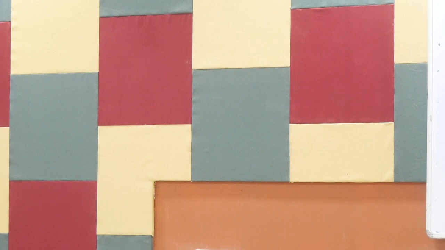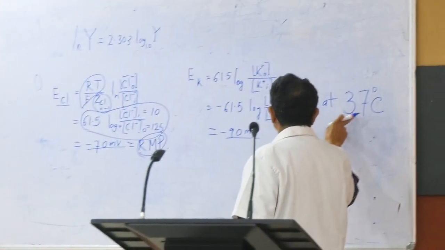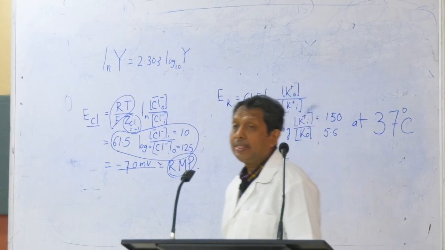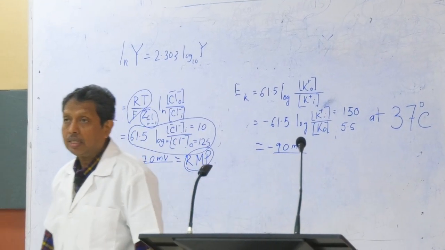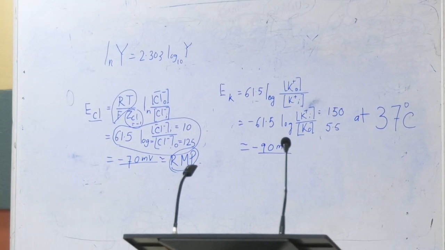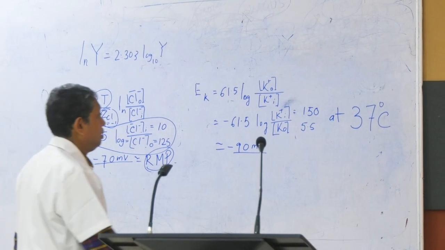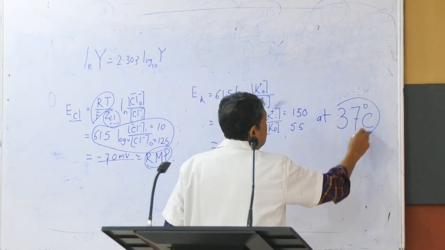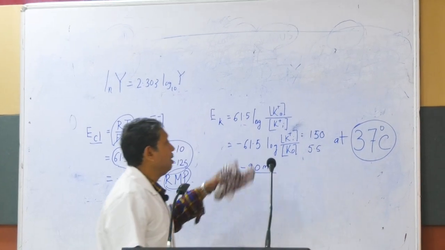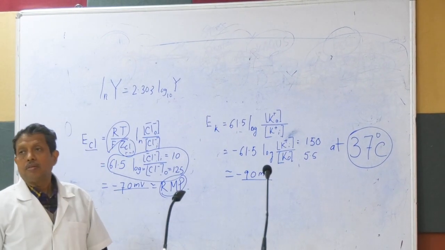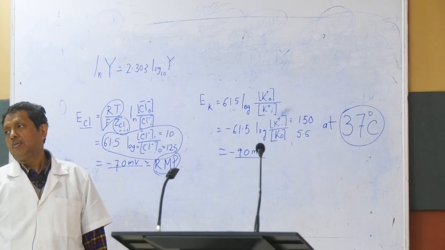And in all this case, at temperature you should not forget 37 degrees centigrade. This value depends upon this temperature, 273 plus 37, in the initial calculation. So this is very much important. If you do not mention it, then everything will be null.